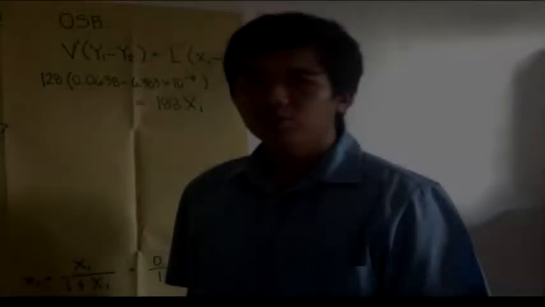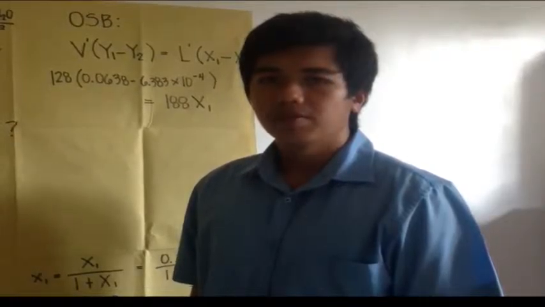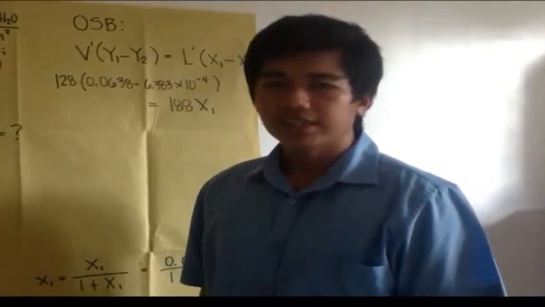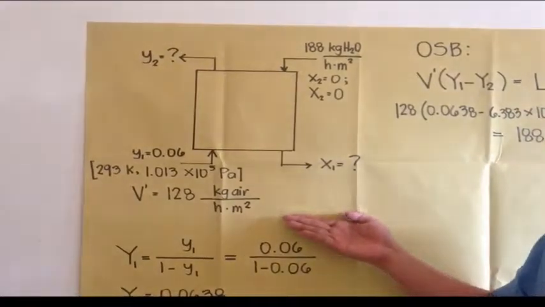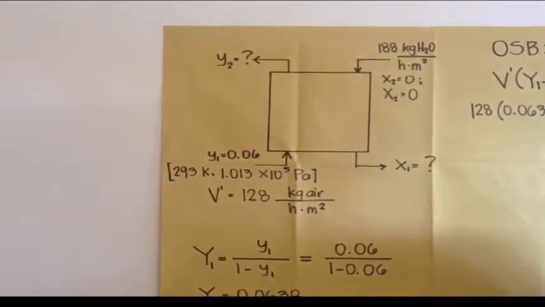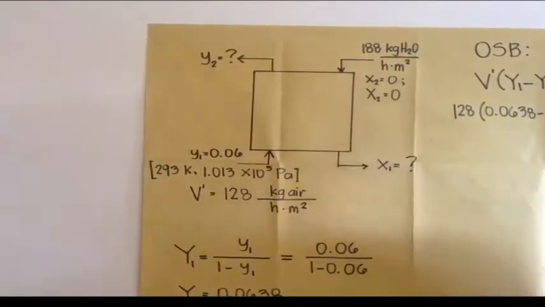This problem is almost the same as our last problem, but for now, we are to compute for the number of theoretical trays. This is our diagram for our problem. Again, this is our gas stream and this is our liquid stream.